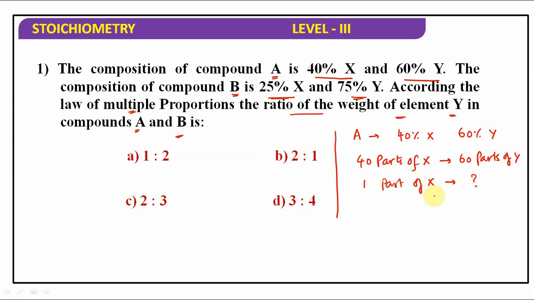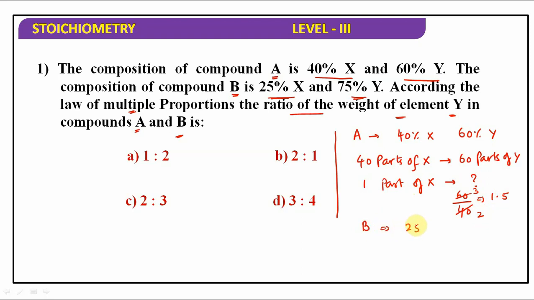Generally we always take it for one part, because we are keeping the parts by mass of X fixed. So 60 upon 40 gives you 1.5.